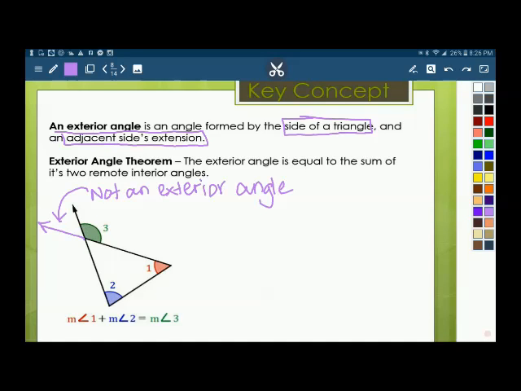The exterior angle theorem says it's equal to the sum of its two remote interior angles. Now I'm going to highlight the word remote. Remote meaning furthest away. So I'm going to write furthest away or non-adjacent.